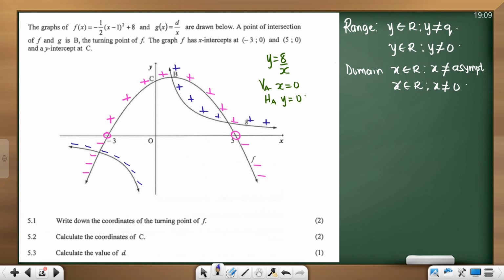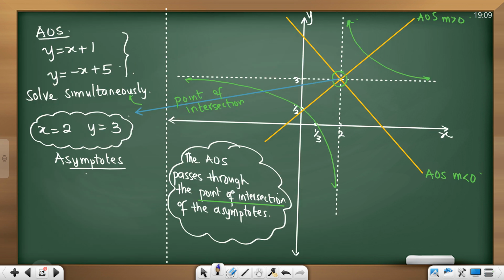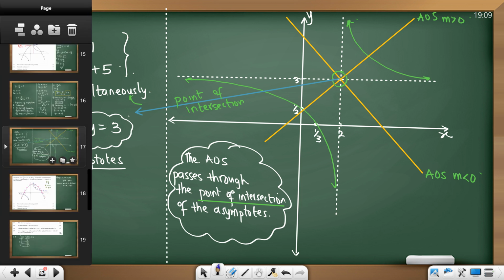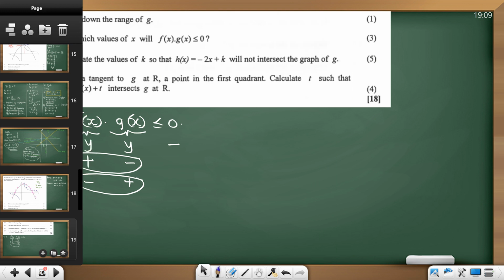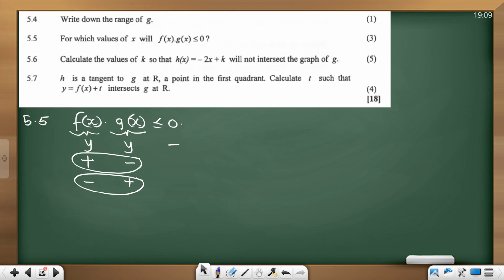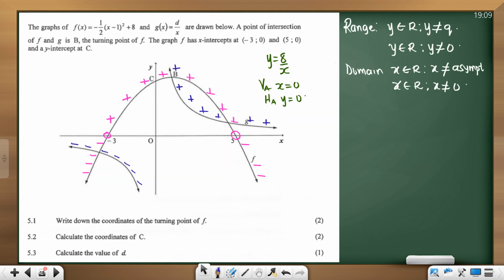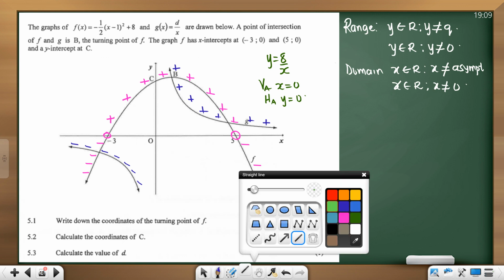What are we looking for? We said we are looking for where they are of opposite signs. When one is positive, the other one is negative. One is negative, the other one should be positive. Take a ruler.